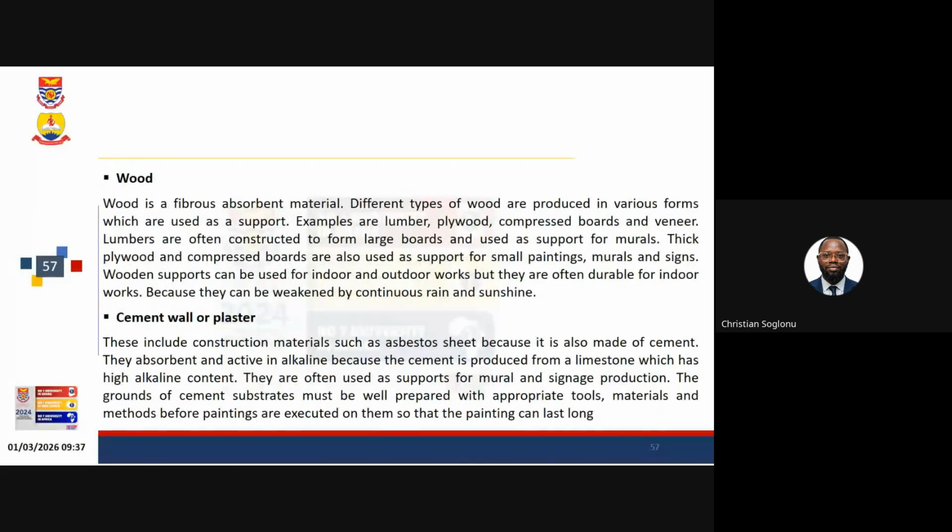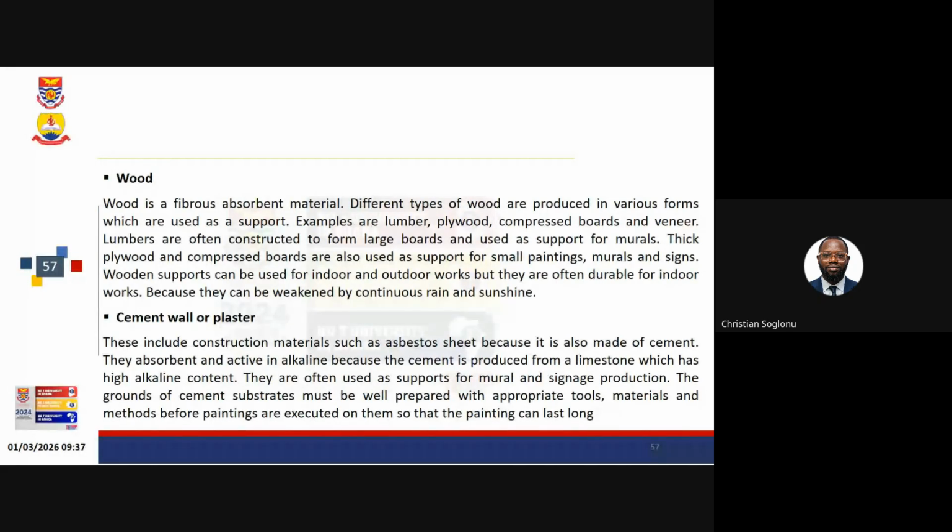So if you are using supports like wood, you should be considerate. Consider where you are going to use it. It should be indoors, because we know that when it rains and you think of outdoors, the rain might cause problems to the wood. And sunshine, as time goes on, will let the wood also get destroyed.